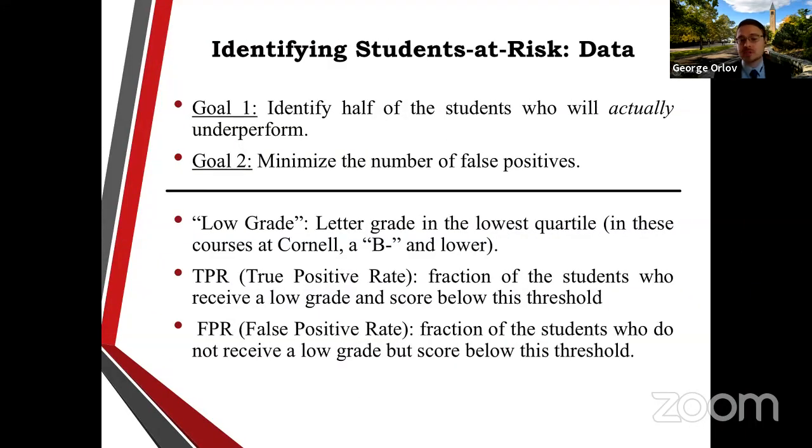So what I'll be focusing on in the next few slides is what I would call a low grade. It's a letter grade in the lowest quartile. And in these courses at Cornell, that would be B-minus and lower. It would potentially be different for your institution.